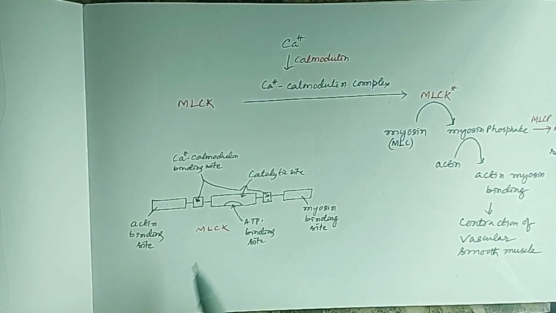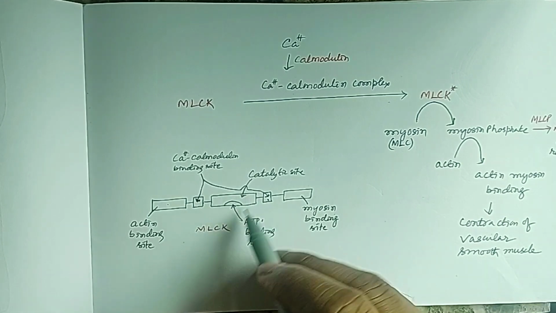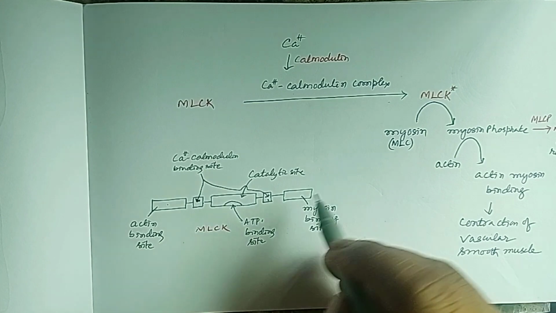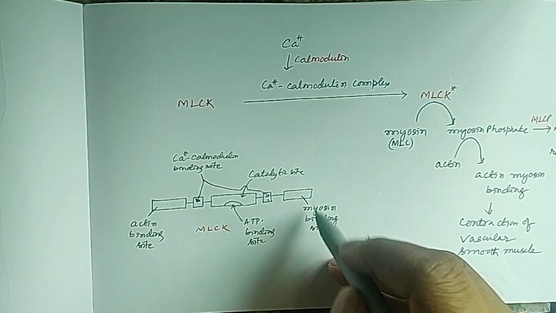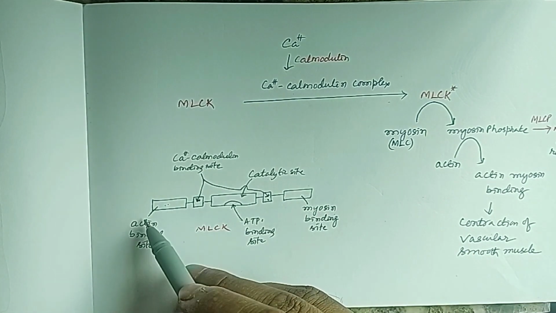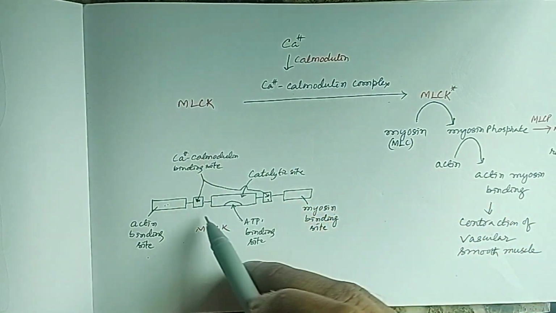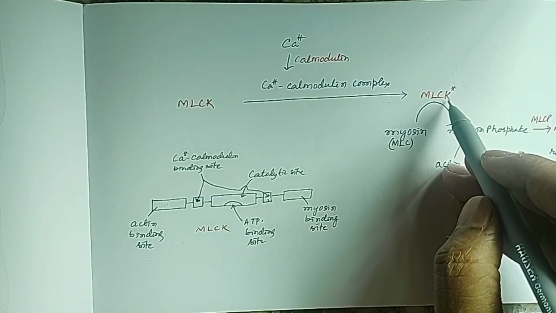This is the catalytic site in which the ATP binding site is also there, and there is one site for myosin binding and the other site is the actin binding site. So the calcium calmodulin complex, by binding to MLCK, activates MLCK.